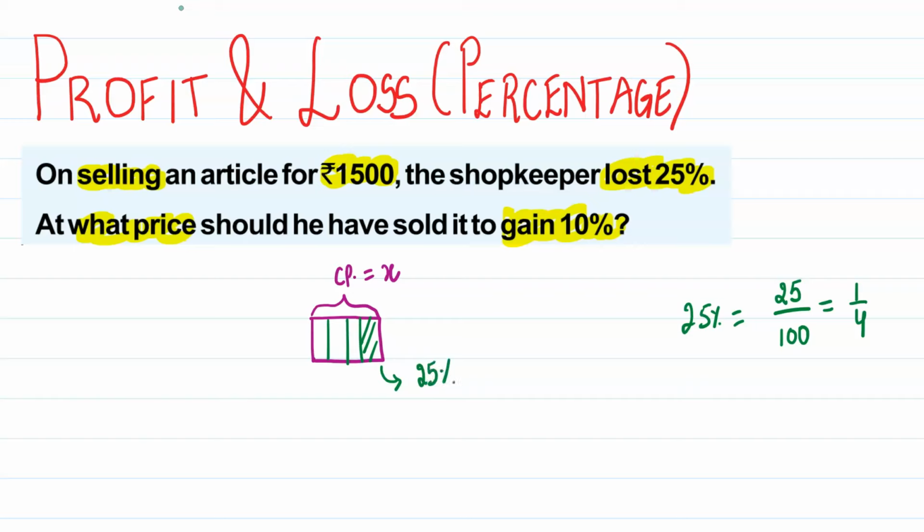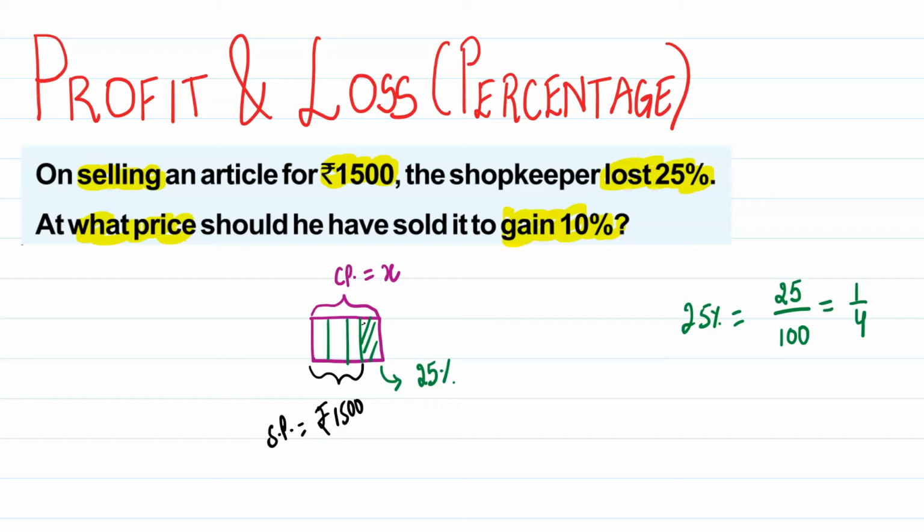Now as per the question, these 3 parts are equal to rupees 1500 because this is the SP. Because the whole amount was the CP and he lost 25%, he is left with the SP. So he sold the article at rupees 1500.